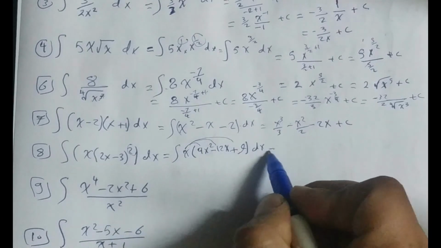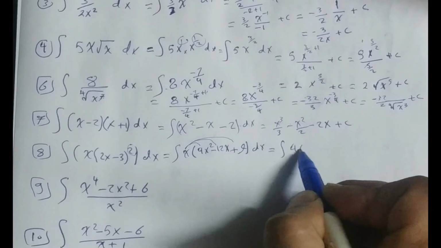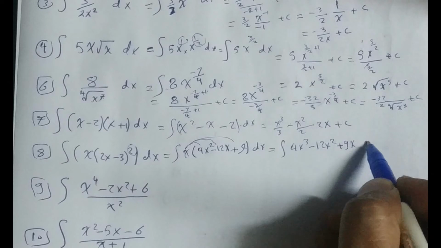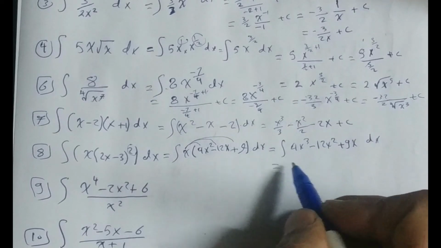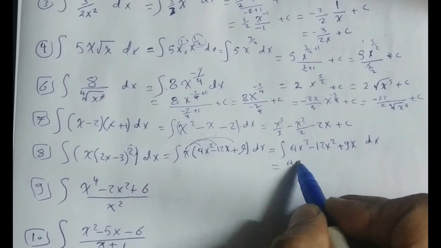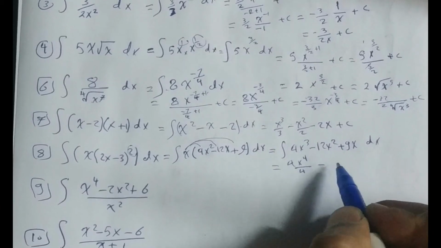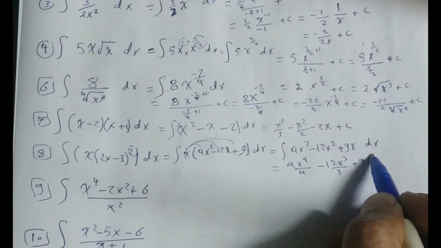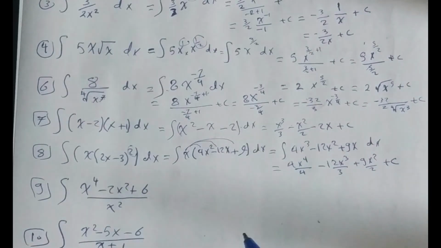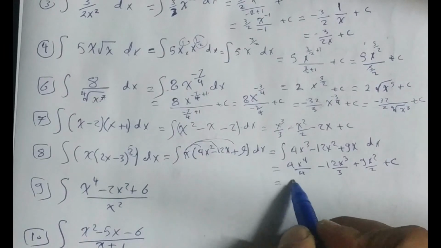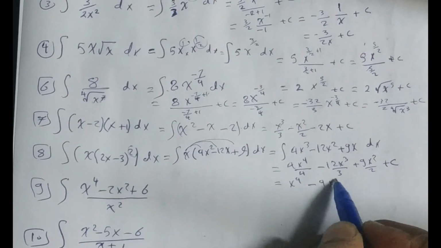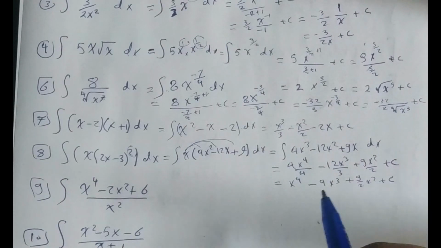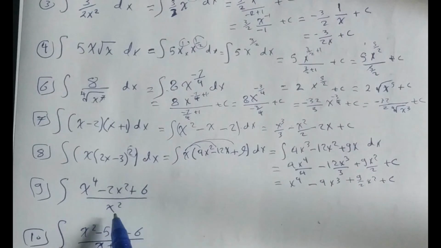By distributing x, the integration of 4x^3 minus 12x^2 plus 9x dx. Now we can find the integration in the easy way. 4x^4 over 4 minus 12x^3 over 3 plus 9x^2 over 2 plus constant. It will be x^4 minus 4x^3 plus 9 over 2 x^2 plus constant, and leave it as it is.